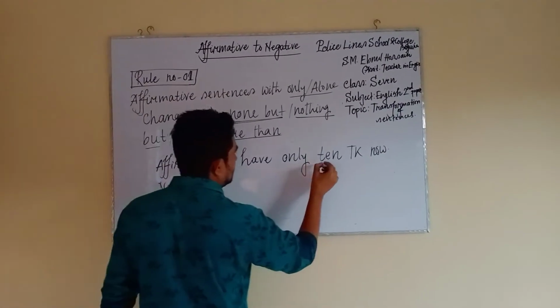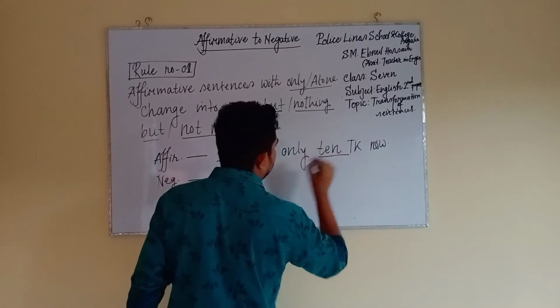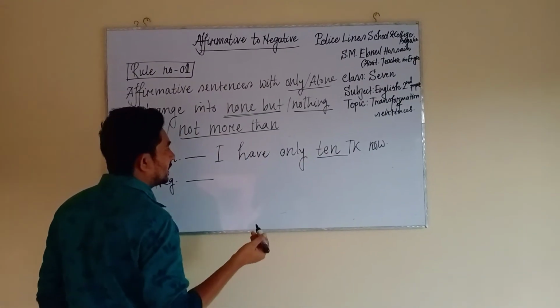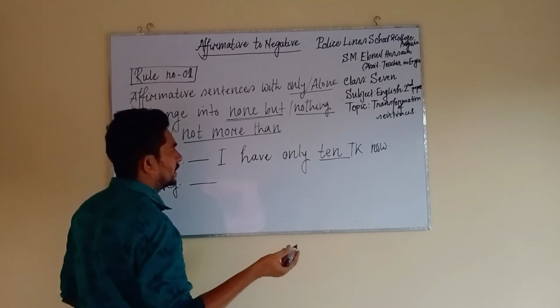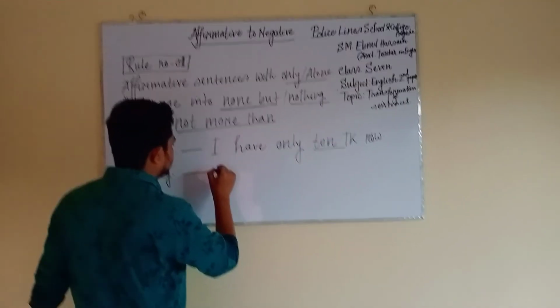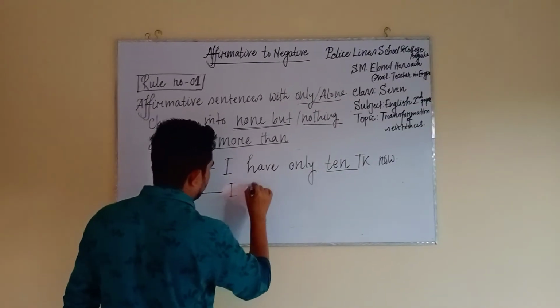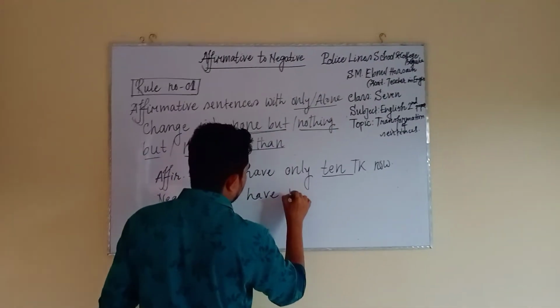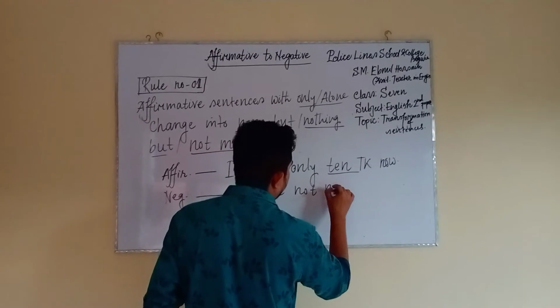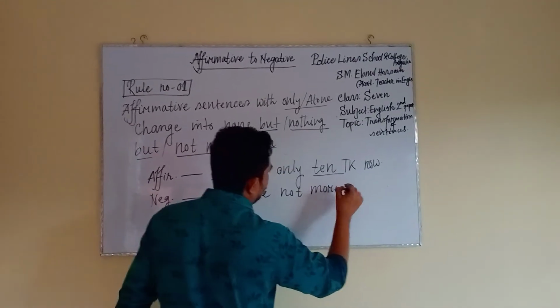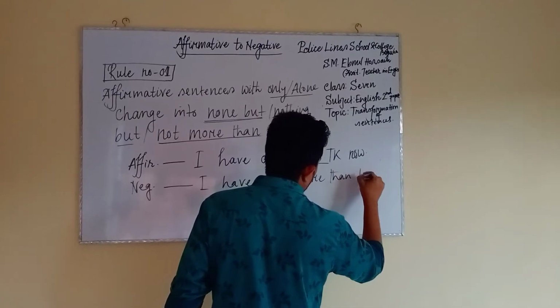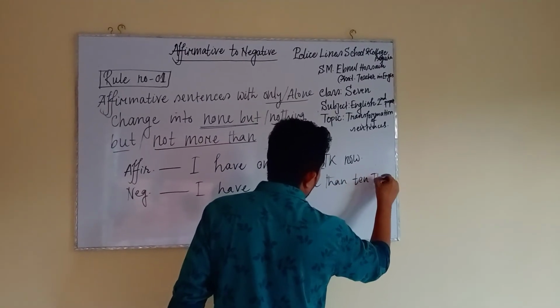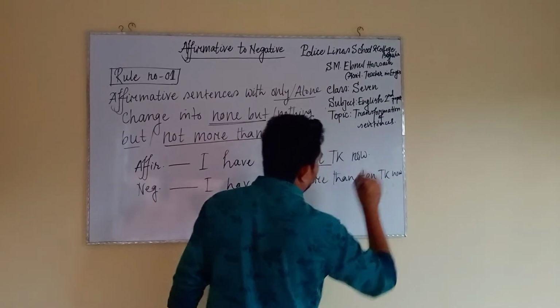Negative, and this denotes the number. So in case of number, we have already said that we can use not more than. I have not more than 10 taka now.